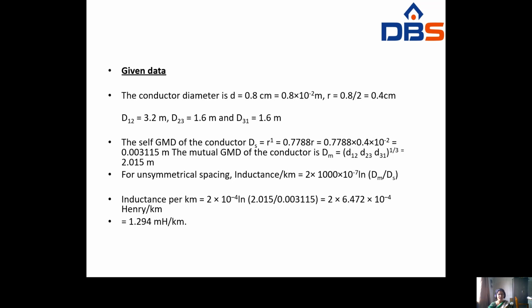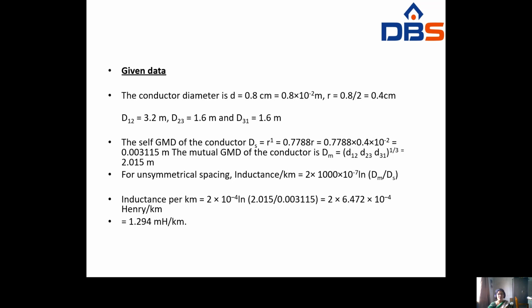Multiplying 3.2, 1.6, 1.6, finally you can get the mutual GMD value as 2.015 meters.